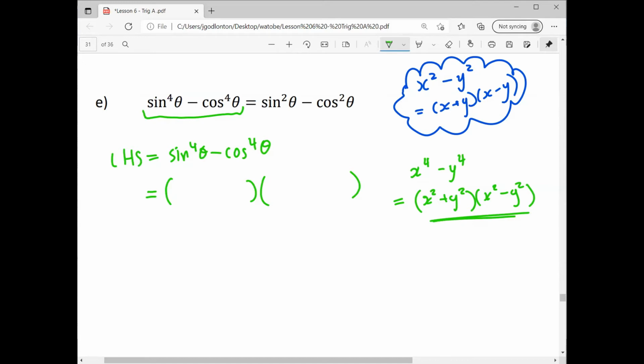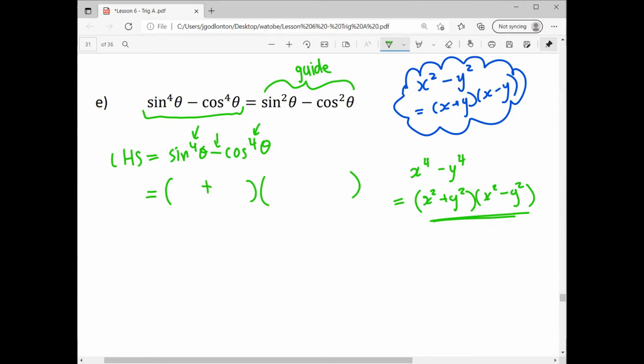Remember, your right-hand side is always there to help you. It's like a guide. It's telling you what it wants. So I know that has to be somewhere in there. Okay, so that's a great start of where you're thinking. Let's use this idea of x to the 4 minus y to the 4. I can see that's a square number, that's a square number, and this is a minus sign, so I can do difference of two squares.